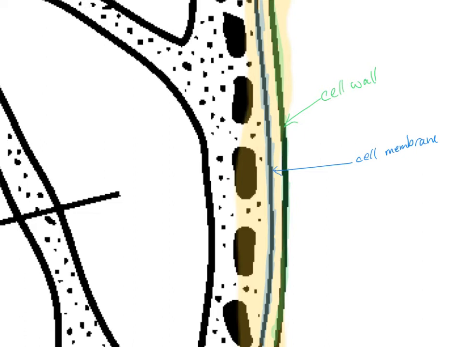And in this case, it's the cell membrane that acts as the structure that controls all the movement of particles into and out of the cell. So that's going to be our answer.